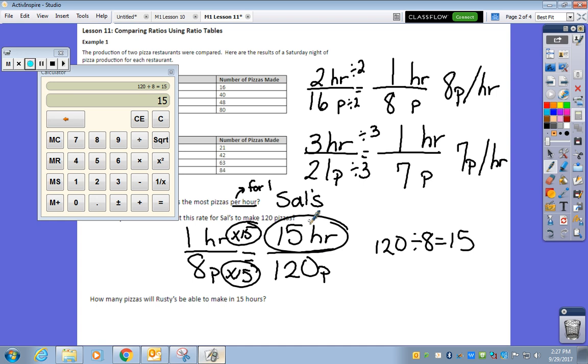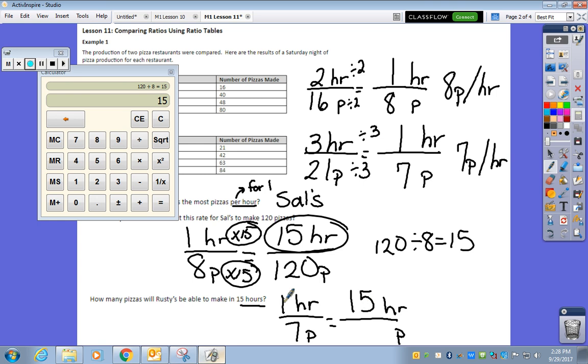The next thing asks, how many pizzas will Rusty's be able to make in 15 hours? So once again, I can use my value of 1 hour, 7 pizzas for Rusty's, set it up equal to another fraction with hours over pizzas. This time we're looking at the number of hours being 15, so next to hours I would put 15.